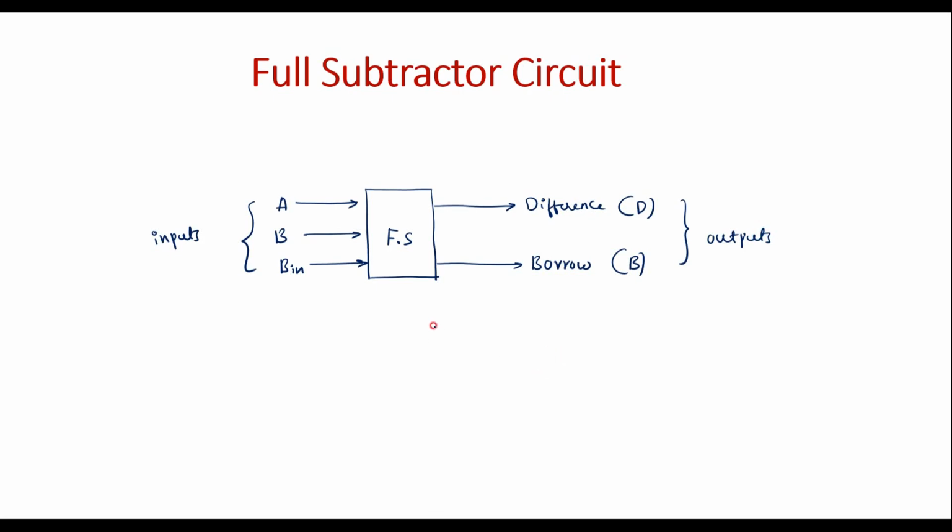Now let me implement the full subtractor circuit. For that I should write the truth table first, then we have to get the Boolean expressions. This is the truth table where A, B, B in are the inputs, and difference and borrow are the outputs. Here we have three inputs, so the possible values are 0 to 7.